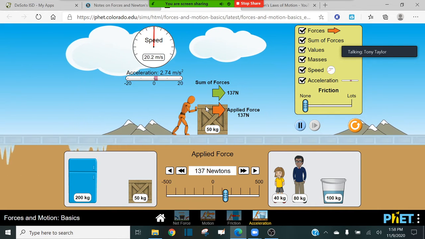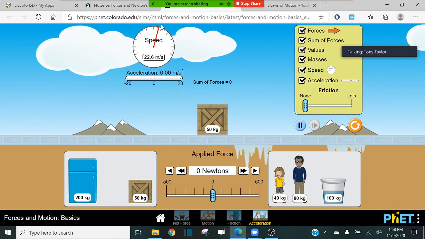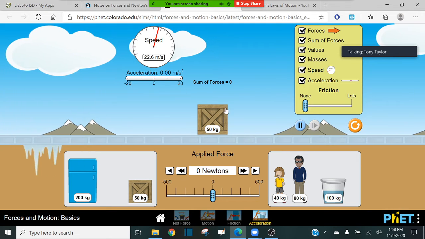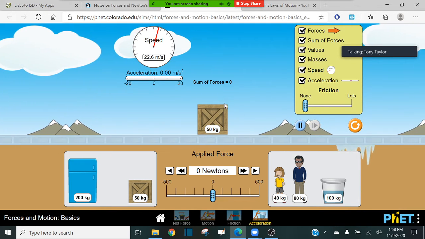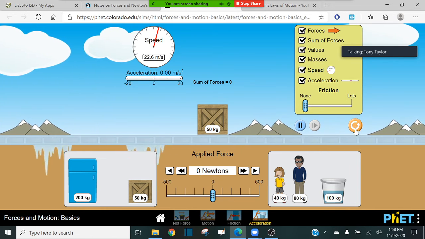But the moment that the force stops, what do you notice about the speed? The speed just stays what? It stays constant. So as long as there's no force acting on this box, the box just keeps moving. It just keeps traveling at a constant rate forever.